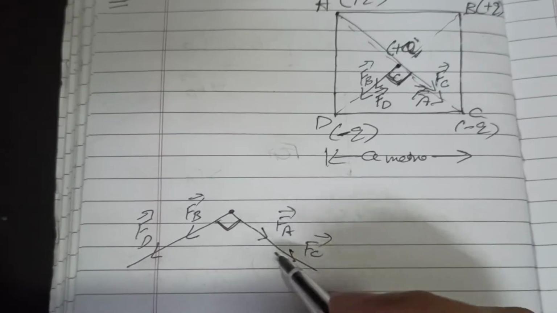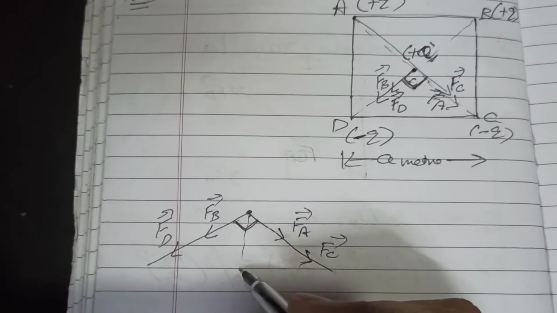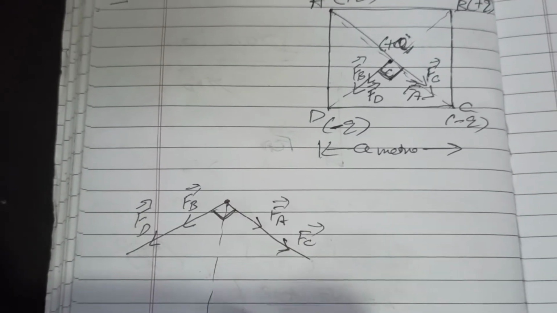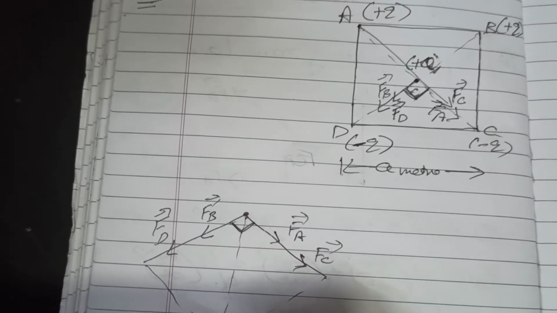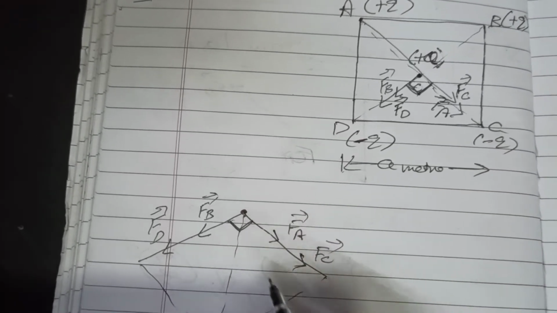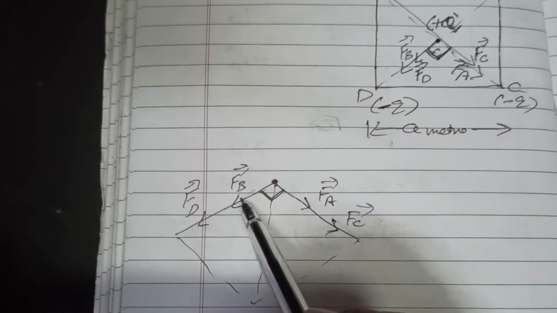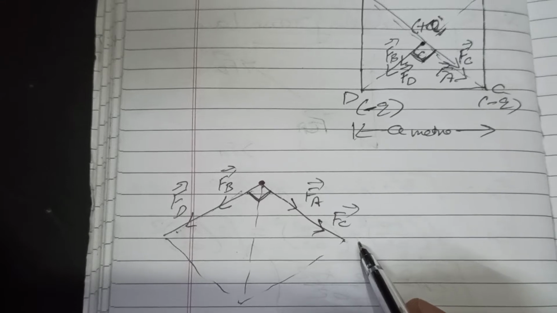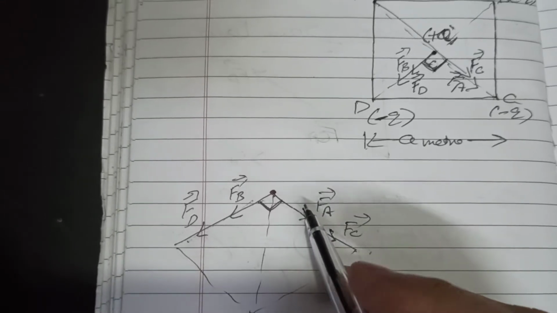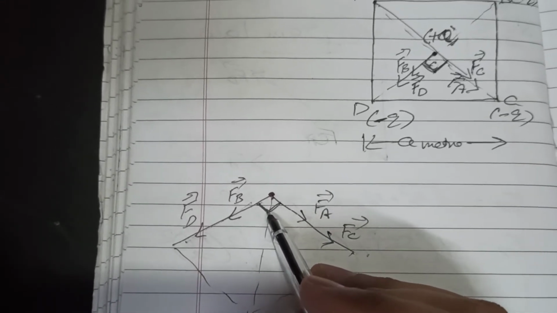Now we will solve these 4 forces by using the parallelogram law, because these 2 forces are in the same direction, so we will add them up, and these 2 forces are in the same direction, so we will add them up, and we will calculate the net force using the parallelogram law.